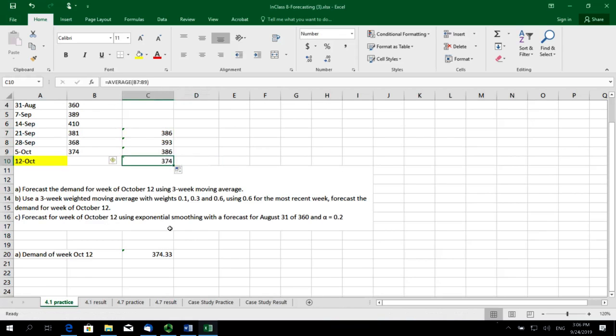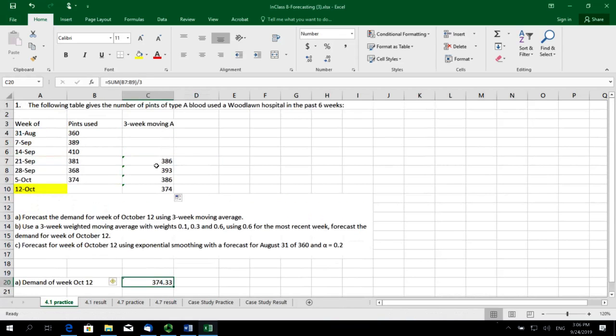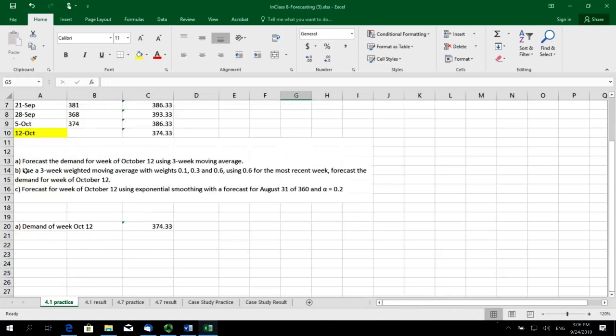So this number is the exact number over here, with decimal points.